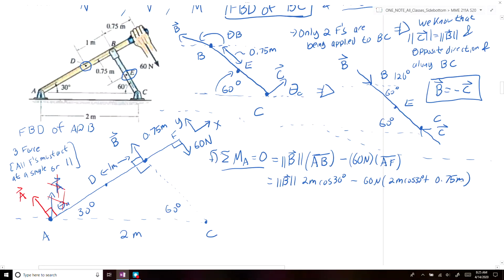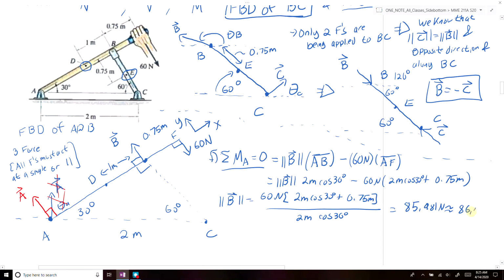If we rearrange and solve, what we'll end up getting is the magnitude of B is going to be equal to 60 newtons times the 2 meters cosine of 30 degrees plus 0.75 meters, divided by 2 meters cosine of 30 degrees, and we'll end up getting 85.981 newtons, which we round to significant figures, ends up being 86.0 newtons.